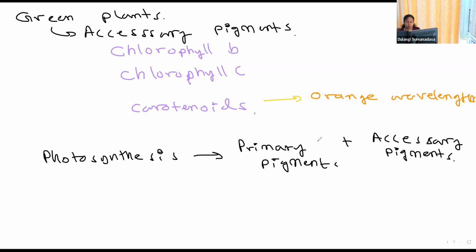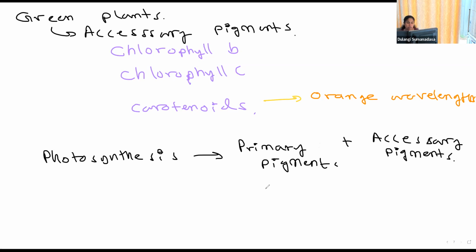Primary pigments absorb at different wavelengths than the accessory pigments, right? The accessory pigments are just absorbing at different wavelengths. If they absorb at different wavelengths, it increases the efficiency. It increases the production. At the end, all these pigments contribute to the final photosynthetic output.